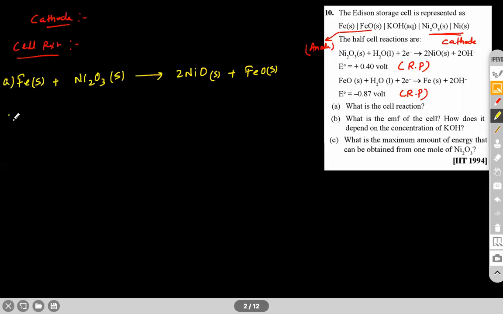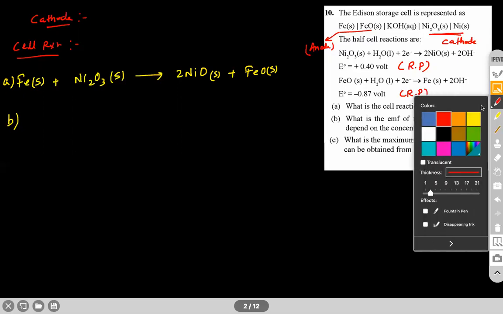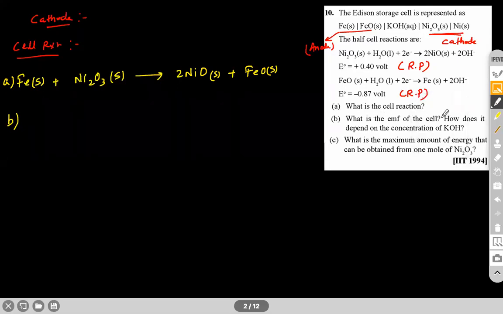B is what? B is, what is the EMF of the cell? How does it depend on the concentration of KOH? So EMF of the cell is what? E cell.